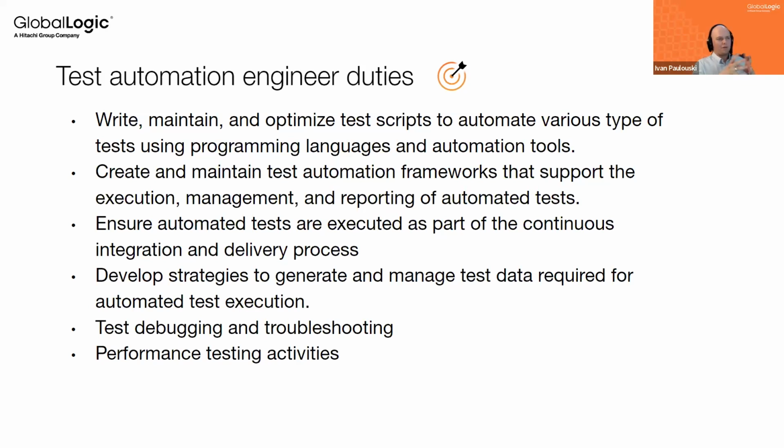So false negative is when your test fails but you do not have a bug, or false positive when your test passes but you have a bug. So you need to be aware of such cases and deal with them.